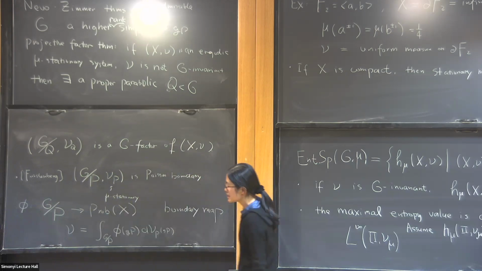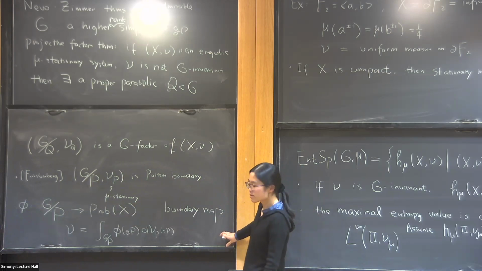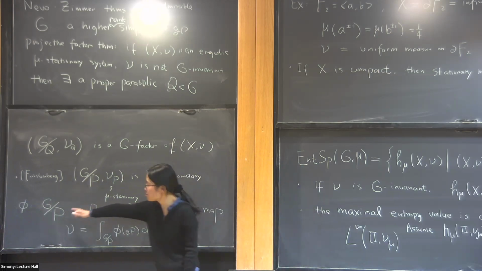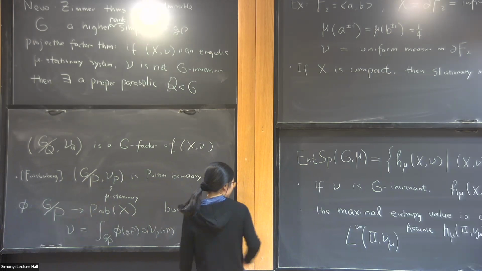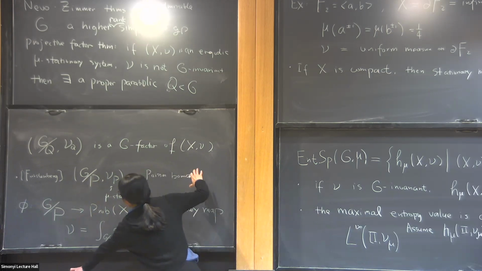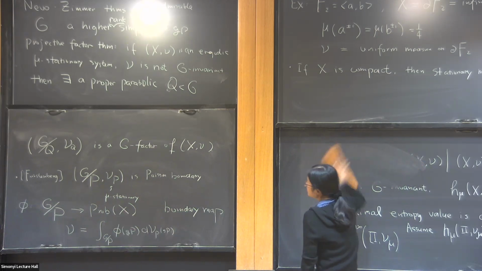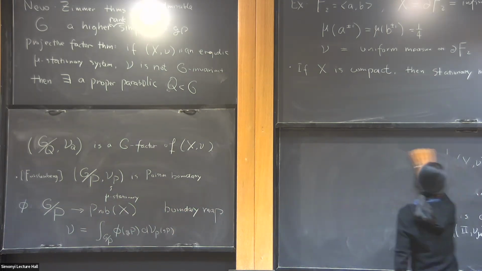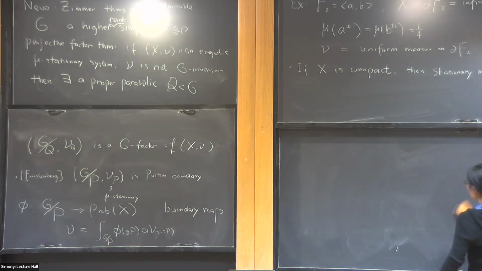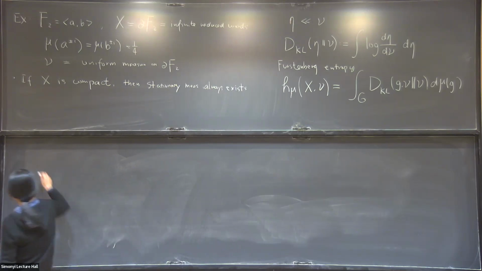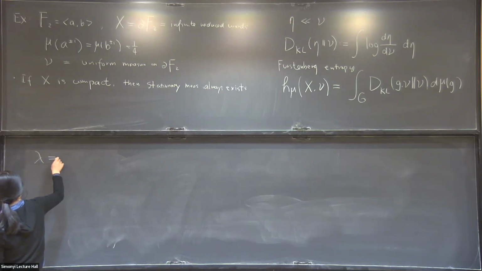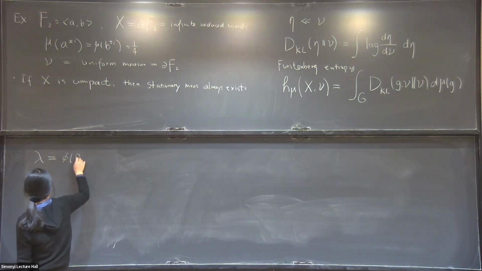The boundary map always exists, but here it takes a very specific form, that you map from G mod P into the space. And so Nevo-Zimmer showed that if you assume something additional about what you see in the boundary map decomposition, so there is a special one, if you consider what is the image of the identity coset.